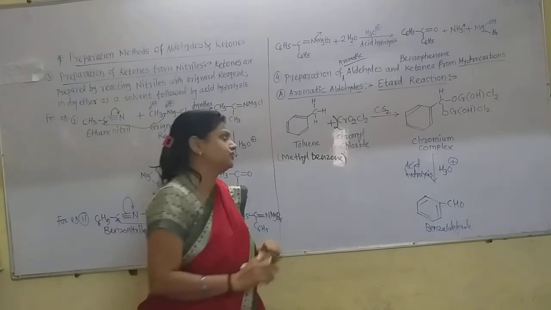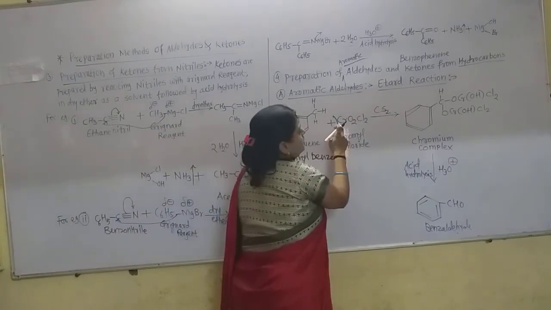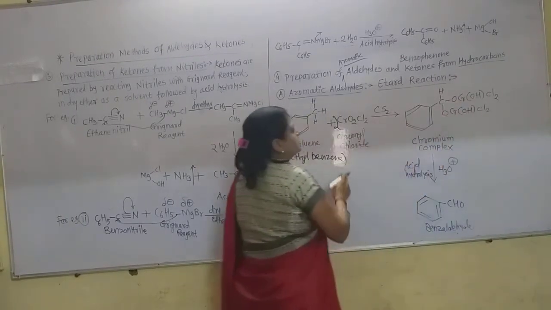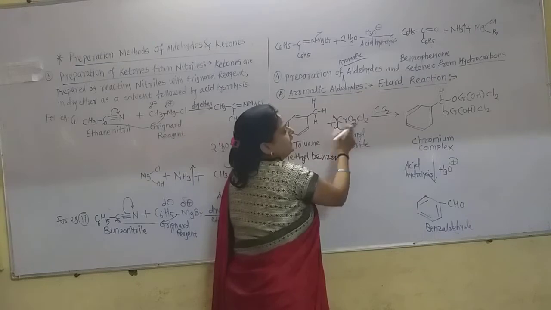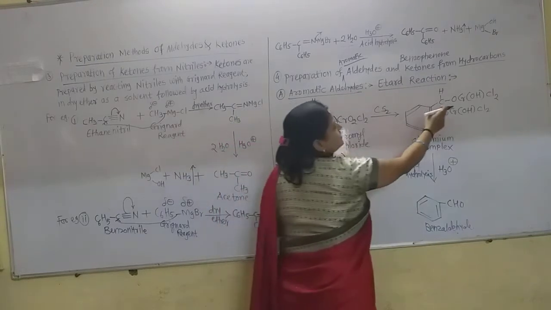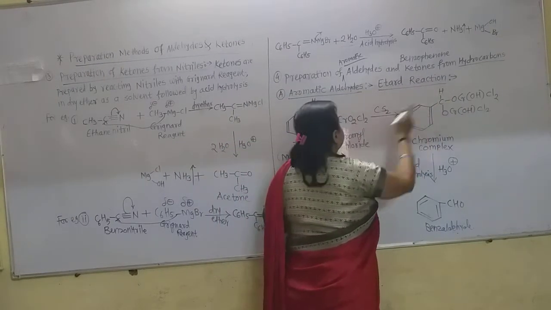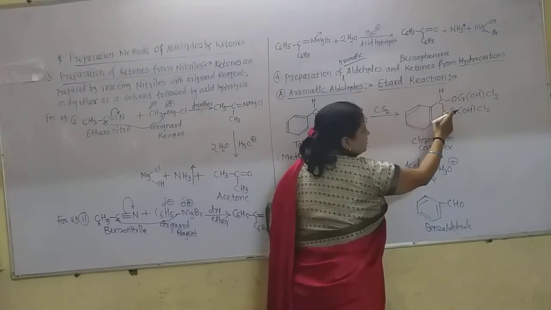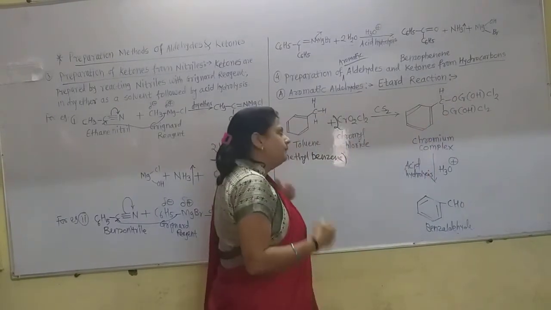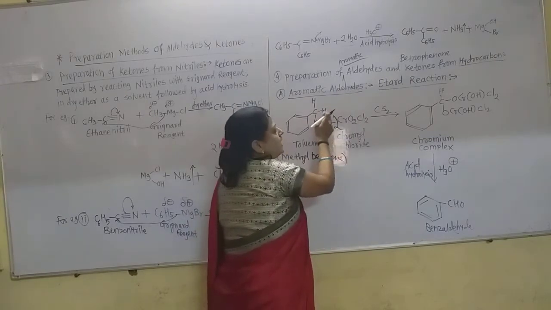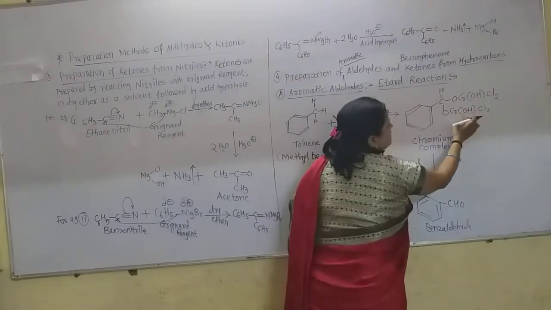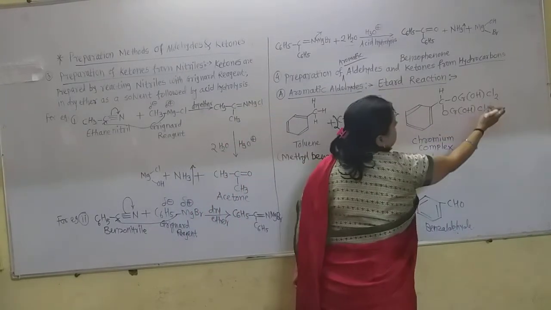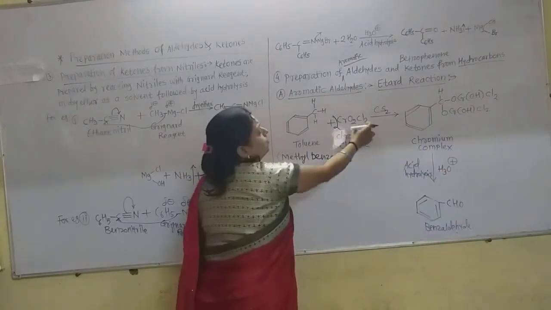Only balance the reaction. Now, see here, there are the 2 chromium atoms and 4 oxygen atoms. Now, 1 oxygen from each of these CrO2Cl2 reacts with the carbon. The remaining oxygen and these 2 hydrogen atoms form the hydroxyl group, and these Cl2 are as it is because there are the 4 chlorine.